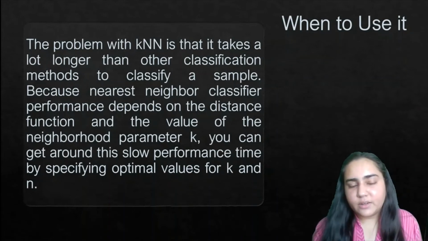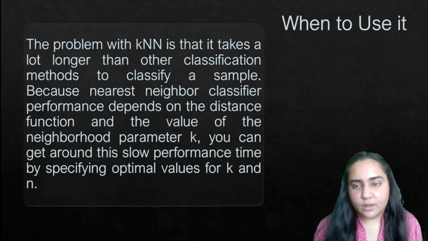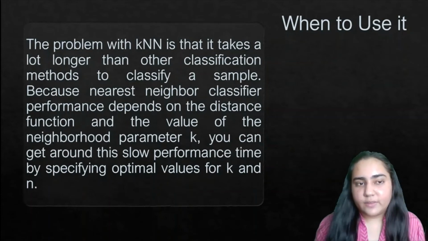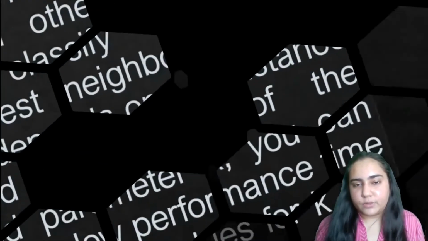If you provide optimal values for k and n, then your algorithm will perform better with your data. But you can only provide good values of k and n if you are very familiar with your data set. So the problem is that it takes a lot longer to classify than other classification methods.